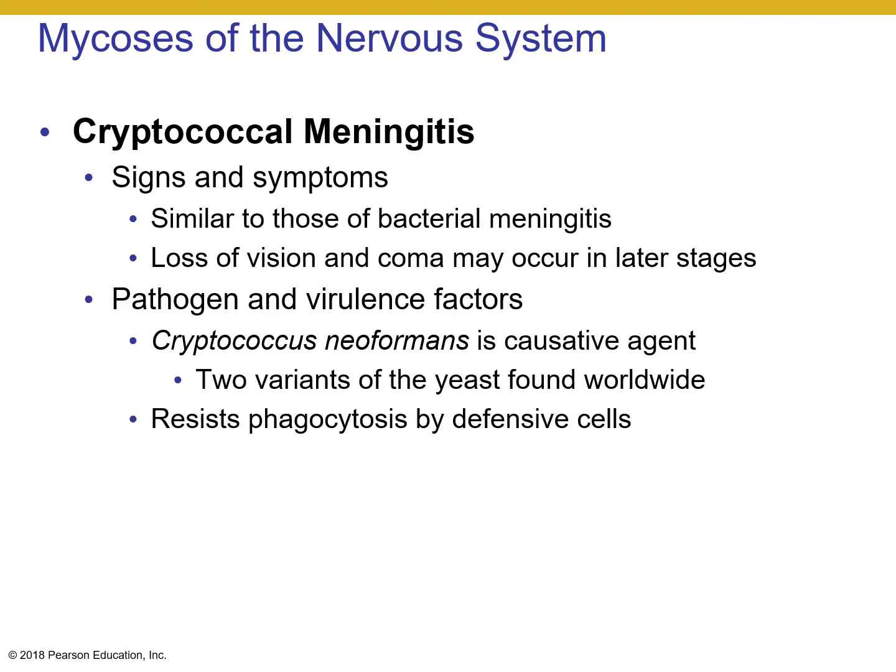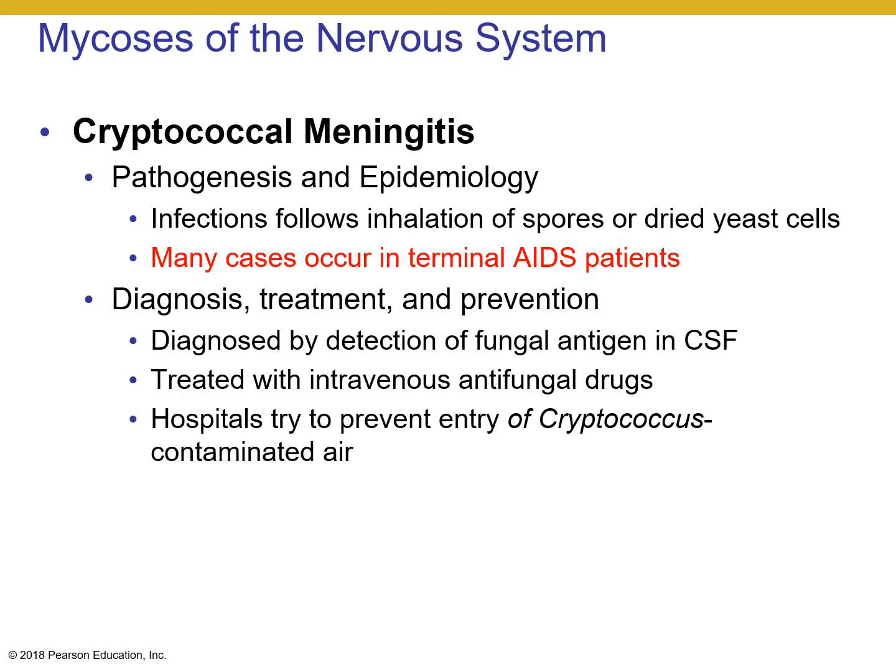So cryptococcal meningitis is caused by Cryptococcus neoformans, and they can resist phagocytosis. Sometimes with this you see loss of vision and coma, but it looks a lot like bacterial.